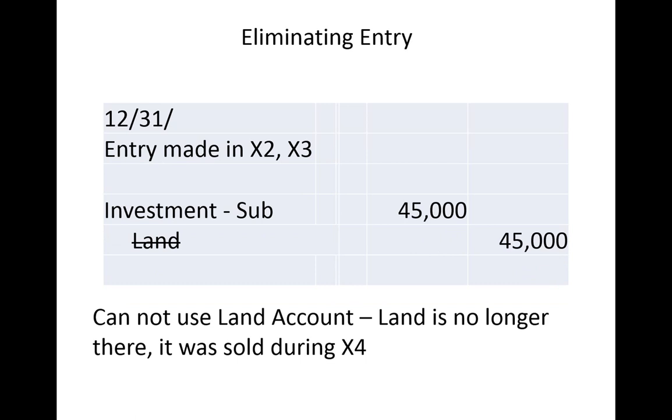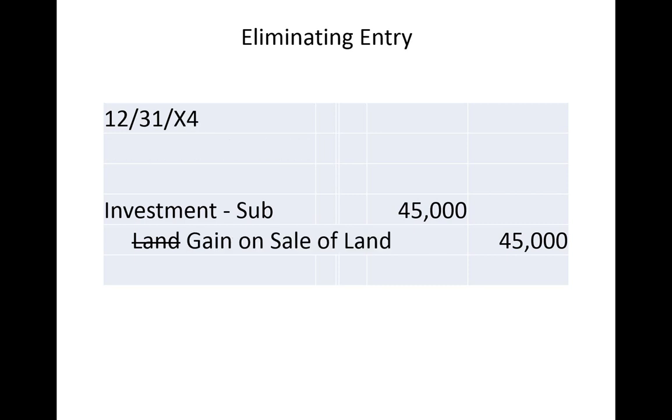The land's gone, but we've eliminated that deferred gain that we recognized. So what we need to do now is we need to recognize in consolidated net income that deferred gain that has actually become from deferred, it's now realized. So what we're going to do in X4 is we're going to debit investment sub, and we're going to credit the gain on sale of land for the deferred gain that is now realized.